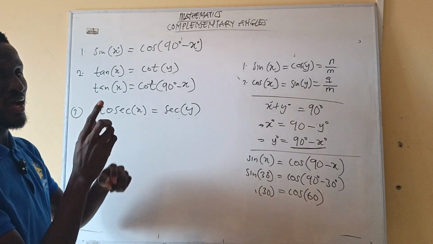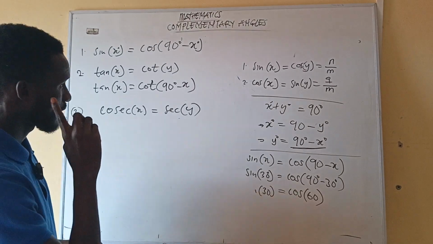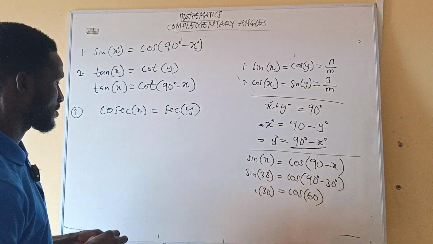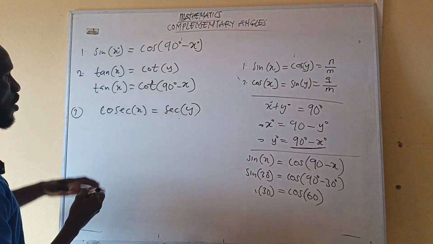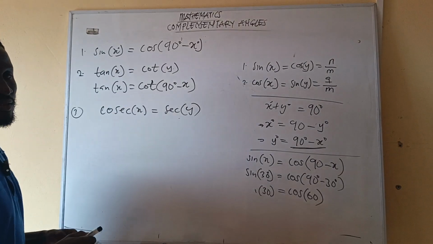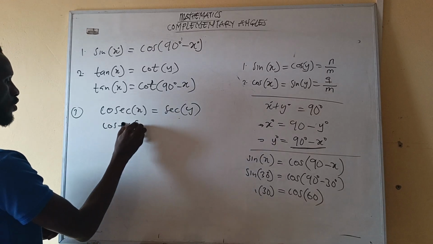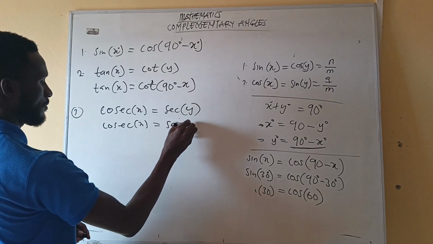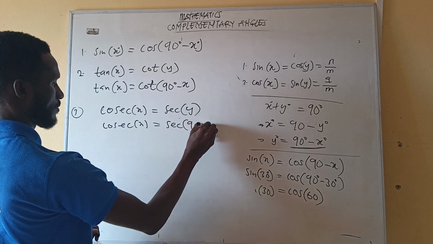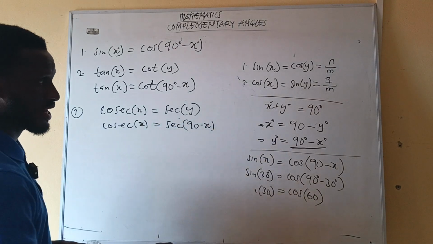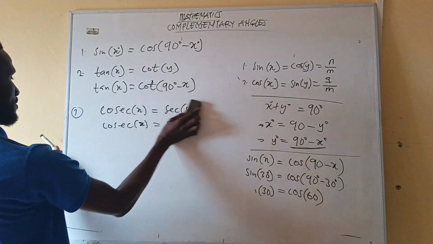But don't forget the two angles add up to 90 degrees because they are complementary angles. So these ones are all complementary angles. Now let's see how you can apply complementary angles to solve questions.